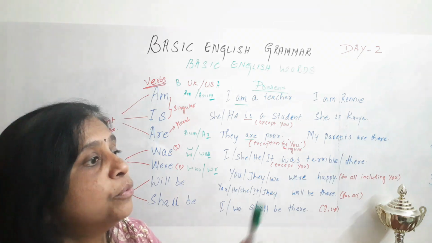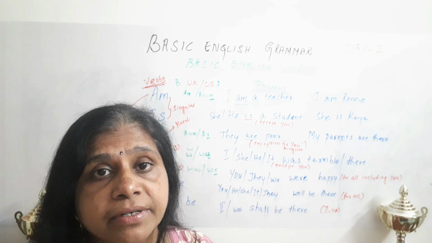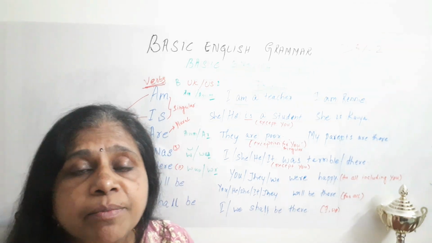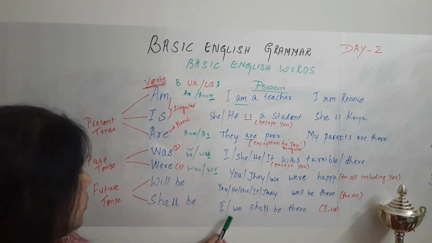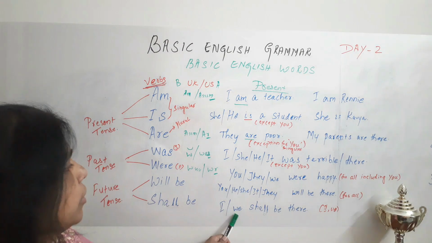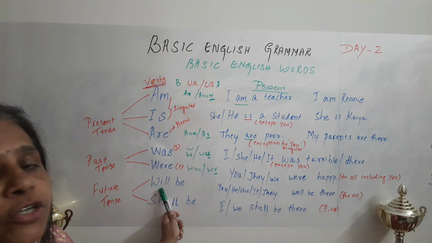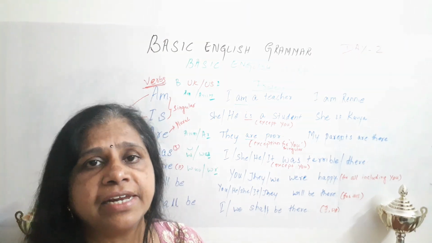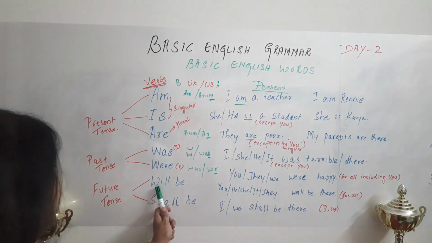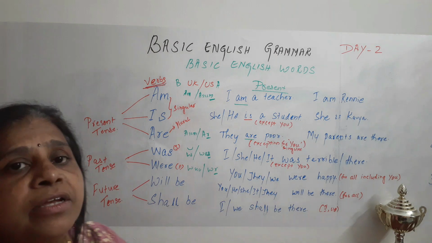That means when you go there, he will be there. He will be available, right? So I shall be there, we shall be there, we can use it. Whereas for you, he, she, it, they, we need to use only "will be". Now in modern English, we can use "will be" for I and we also.